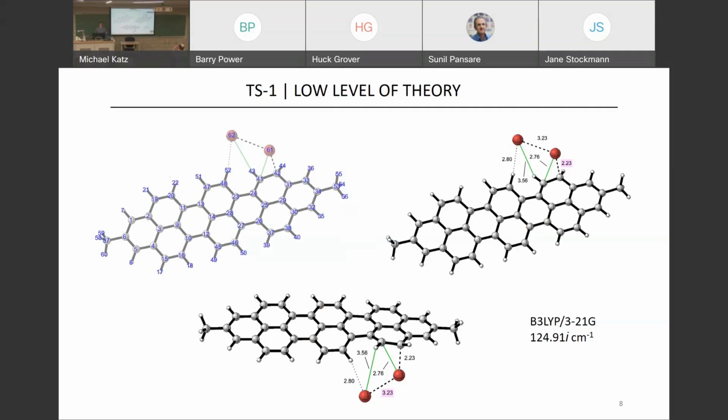So how do we know that this is actually the transition state and not some other random species in our mechanism? So transition state structures have something that's called an imaginary frequency, which is an IR frequency that can only be detected via computational methods because it's technically negative. And so the imaginary frequency for this structure, at this specific level of theory, was determined to be around 125i reciprocal centimeters.